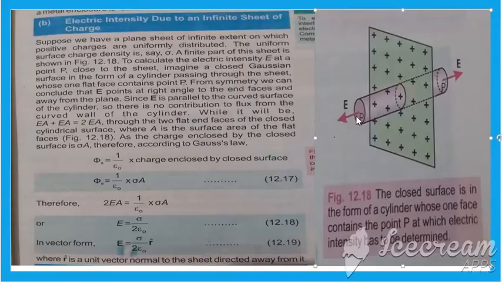So we wish to find the electric field intensity at a point P, which is at some distance from this finite part of an infinite sheet of charge.